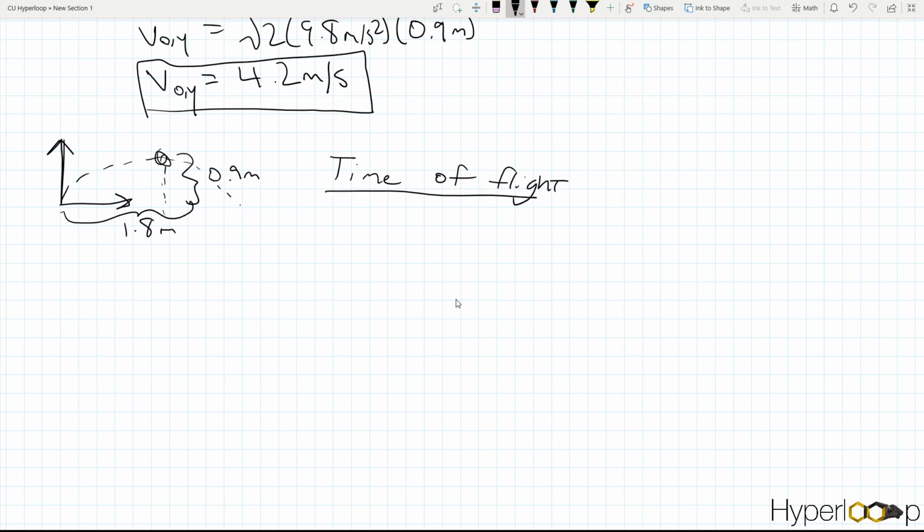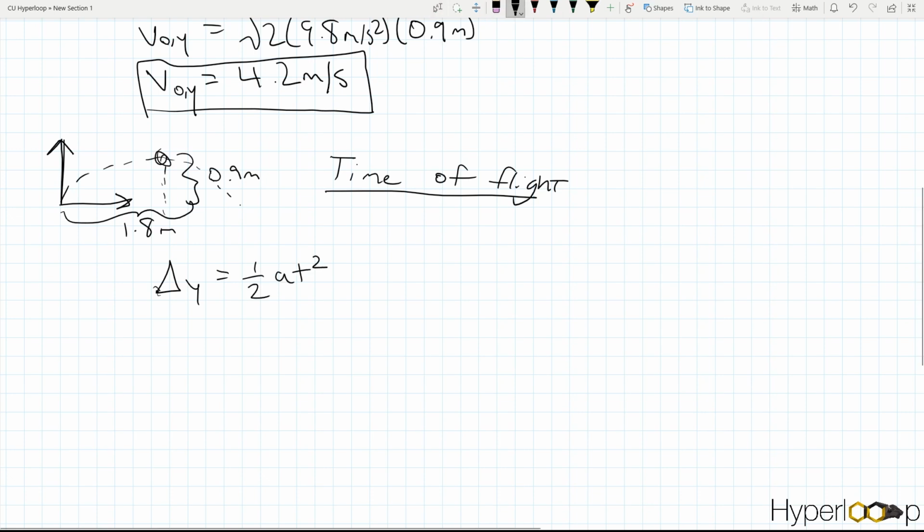And in this case, we're going to want to use the equation delta y equals 1/2 a t squared to find our time.